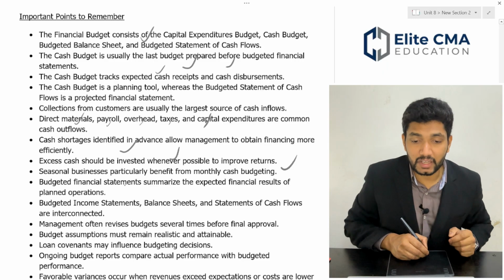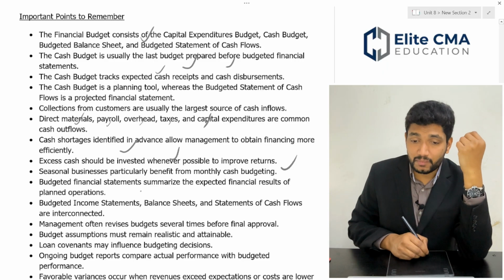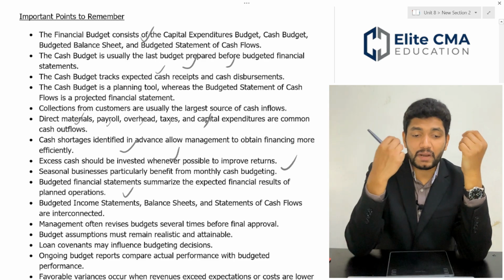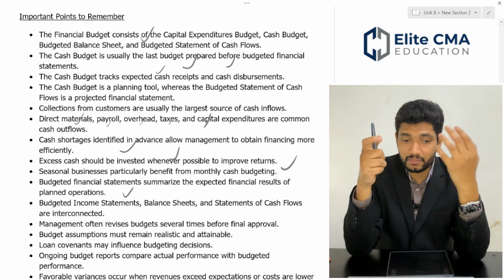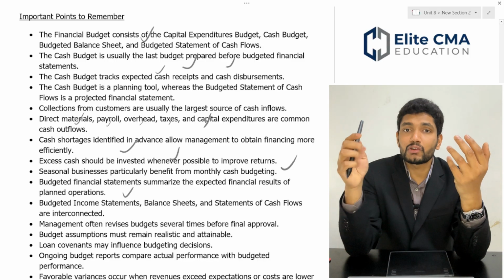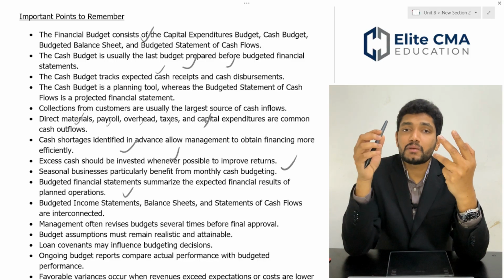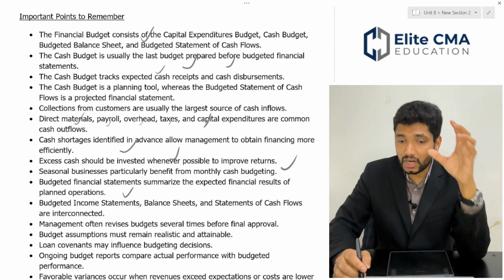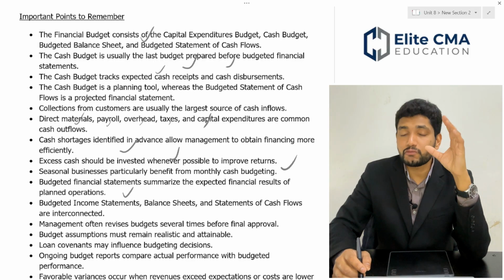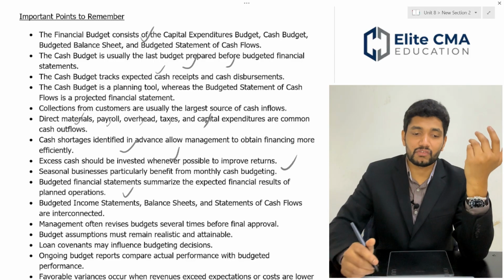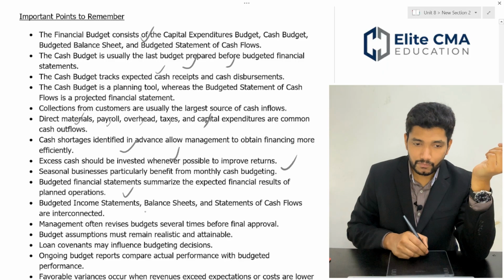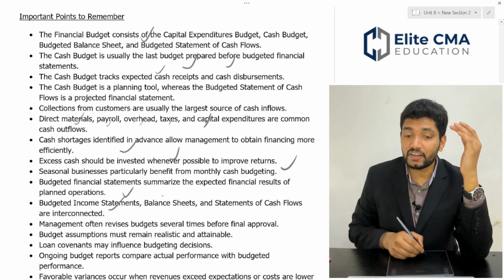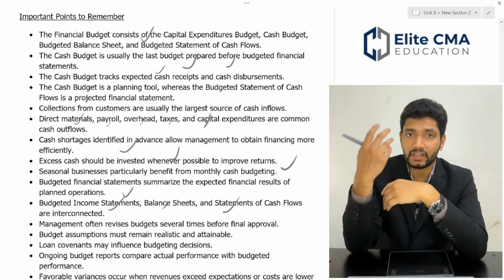Then the budgeted financial statements summarize the expected financial results of planned operations. They include the income statement, balance sheet and statement of cash flow, which summarize the overall result of planned operations. Again, the budgeted income statement, balance sheet and statement of cash flow are interconnected.